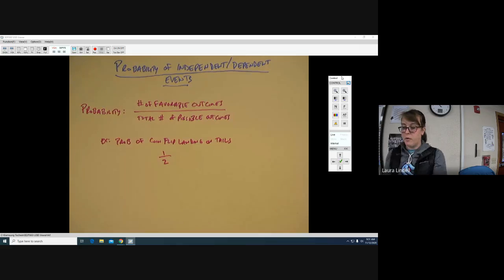So the probability of a coin flip landing on tails is 1 out of 2.